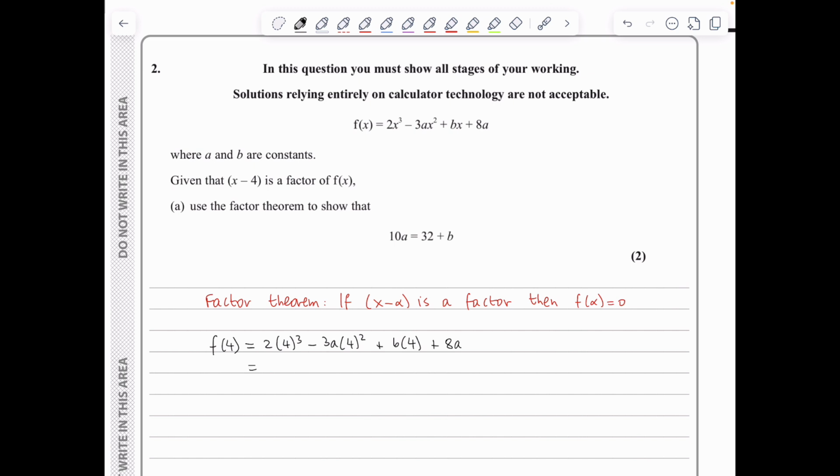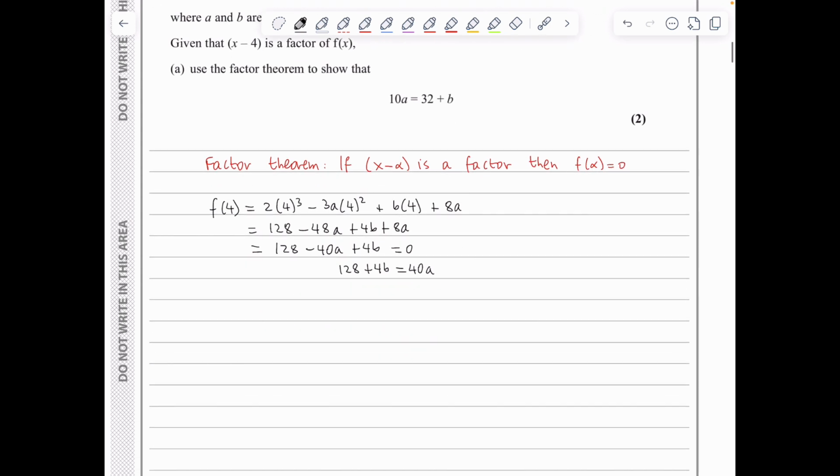This simplifies to 128 minus 48a plus 4b plus 8a, which further simplifies into 128 minus 40a plus 4b. Well, we know that this must be equal to 0, and therefore we've got 128 plus 4b being equal to 40a. I will divide throughout by 4 to get 32 plus b is equal to 10a as required.